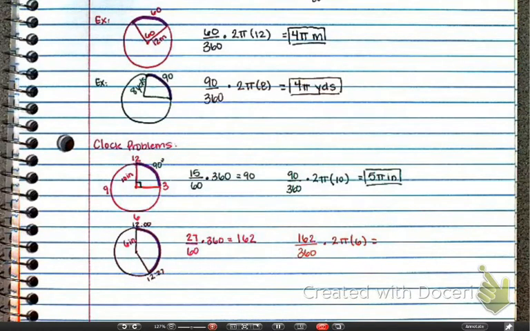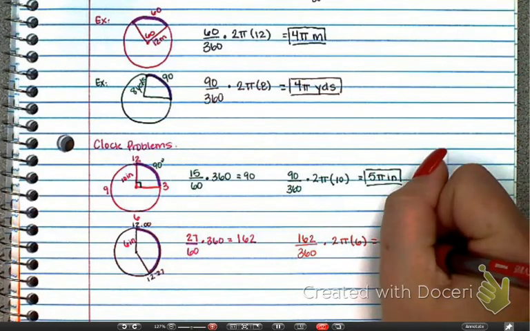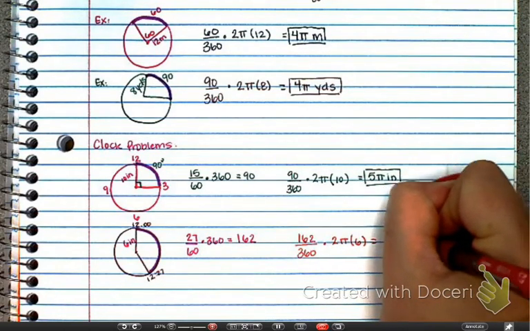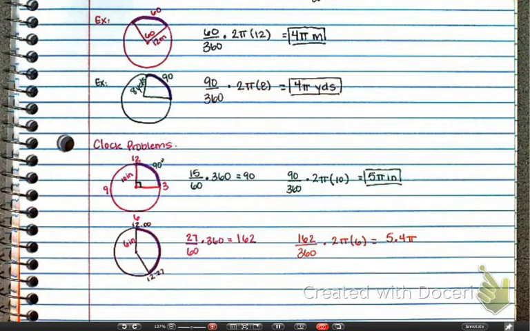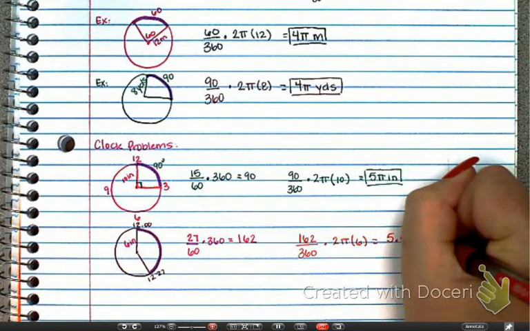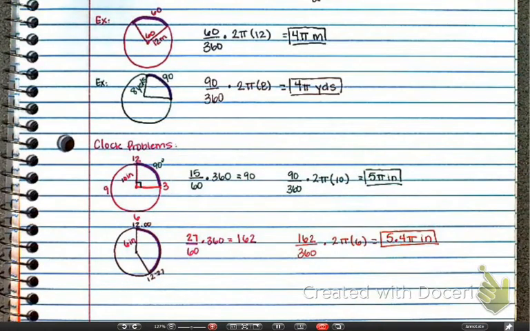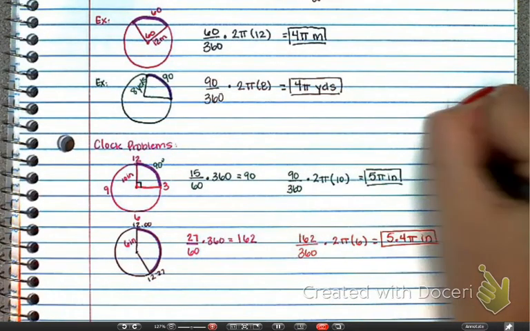Now I want you to find the arc length. You have the measure, you know the radius. Let's see how you did.